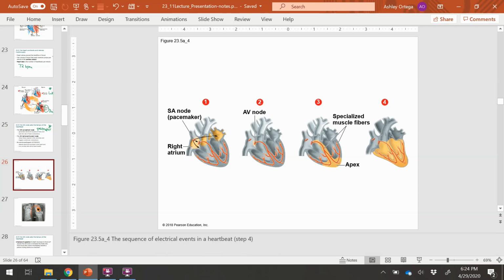There's a slight delay there in time as it processes the signal and then sends it through specialized muscle fibers, or bundle branches, to the apex of the heart, the tip of the heart there. And then that signal will result in contraction of the ventricles, and this is done by Purkinje fibers. These are, I believe, named after a scientist.